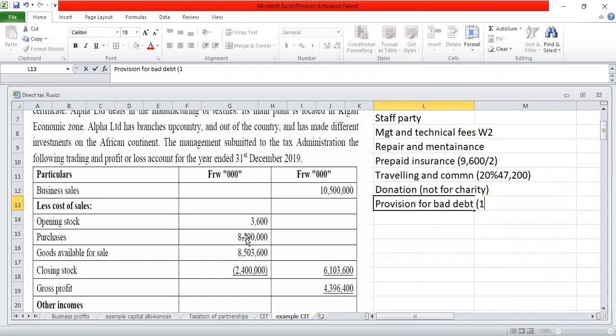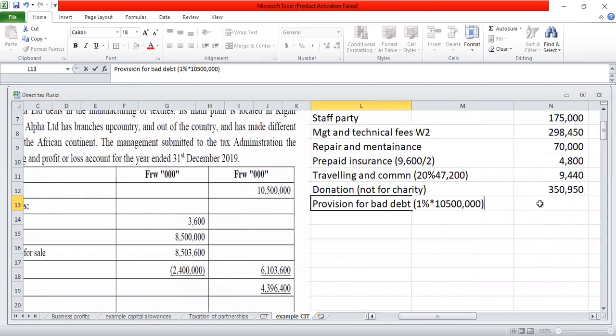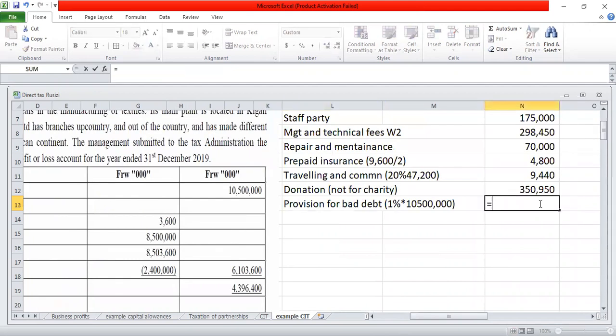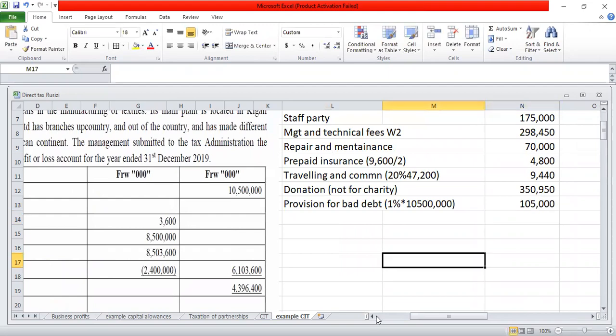It's going to be 1% times 10,500. That one is not allowed. The other bad debt may be allowed. 1% times 10,500. That one is not allowed.